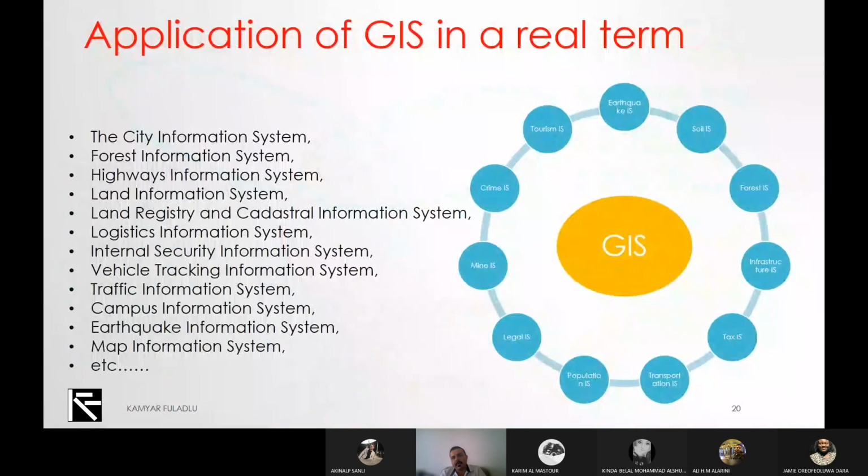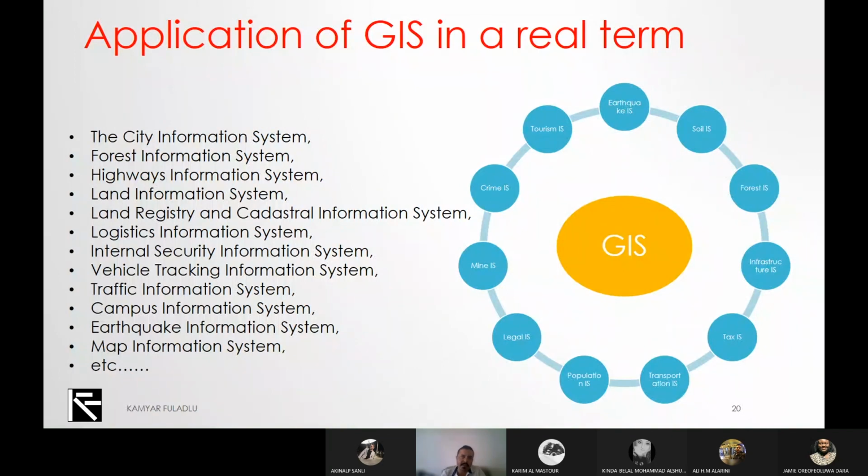In terms of real applications, the things that you definitely hear about, especially since you are from the architecture department: GIS is used in the city information system, forest information system, highway information system, land information system, land registry and cadastral information system, logistic information including vehicle tracking information system, and internal security information and traffic information system.